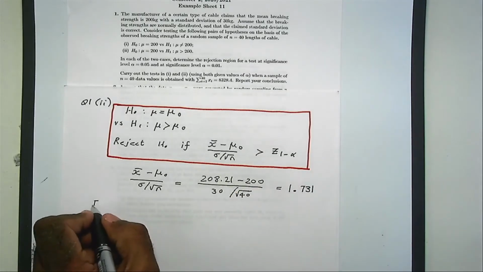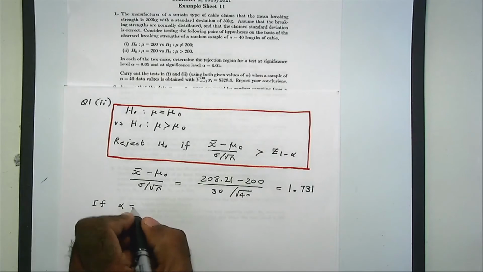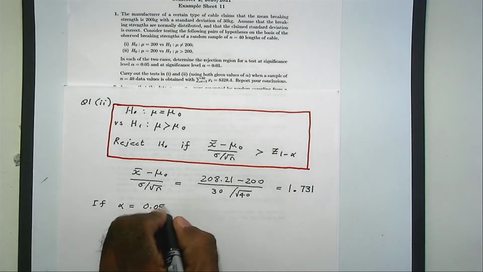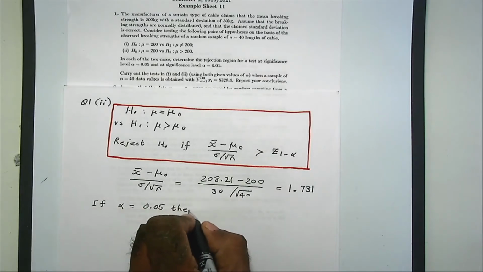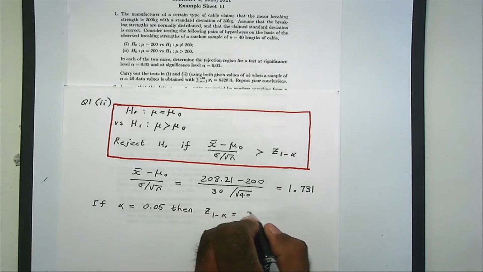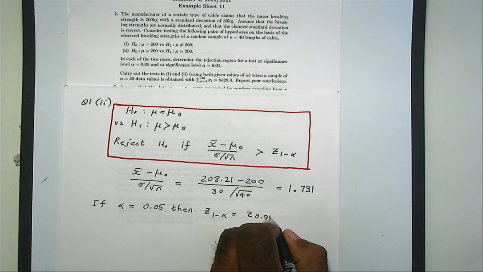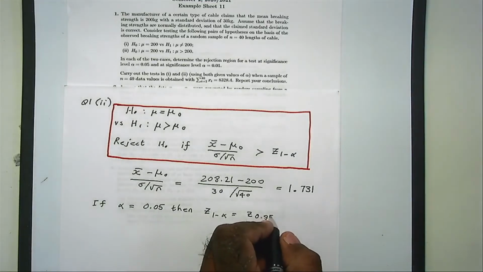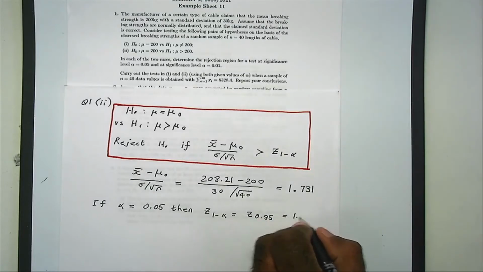Alright? Now, you want to compare this value with this value. If alpha is 0.05, then this will be equal to 1.645.